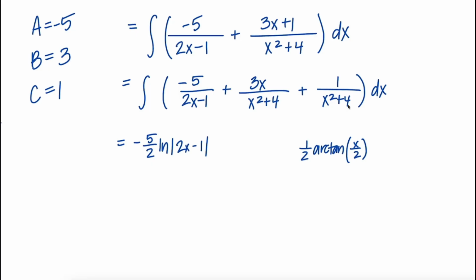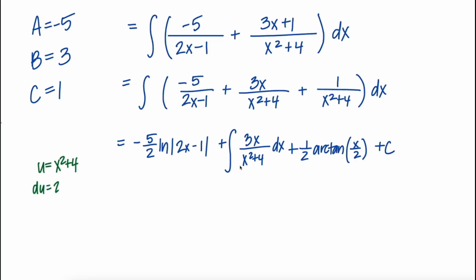And then we still have this integral in the middle that I haven't yet solved, 3x over x squared plus 4 dx. And of course, there is going to be a plus c in the back. We won't forget about that. But this integral in the middle, we want to do with a u substitution. So we can go ahead and, let's say, let u be x squared plus 4.